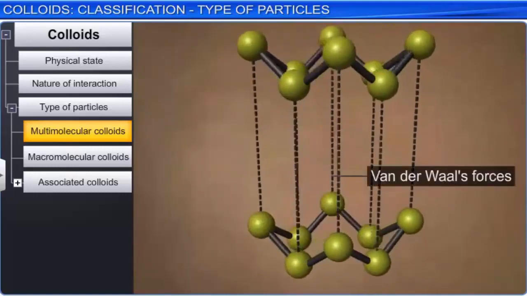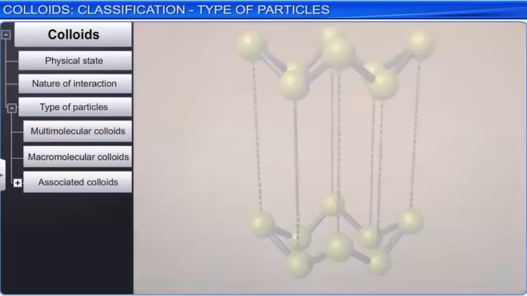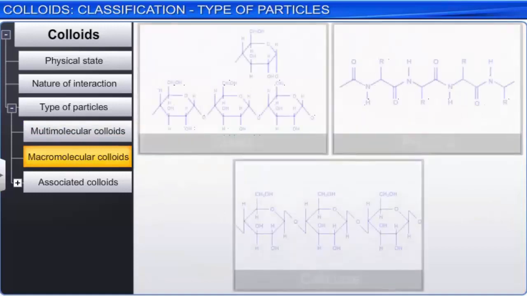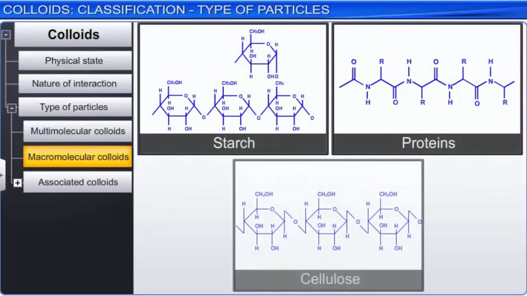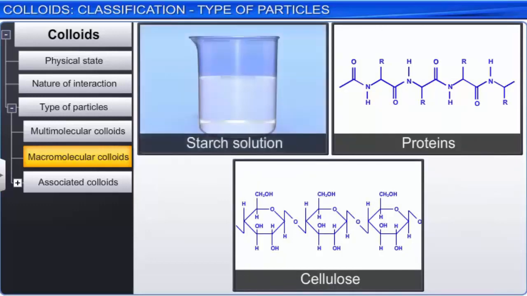The other category of colloids is macromolecular colloids. Certain substances, like starch, proteins, and cellulose, have molecules of big size, which lie in the colloidal range. The solutions of these substances in suitable solvents are called macromolecular colloids.